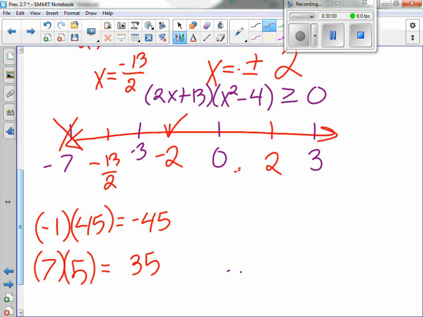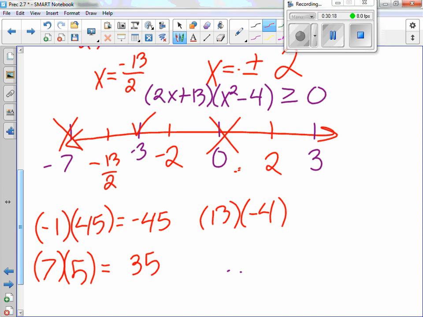This works. That one works. 0 is nice because it would be 13 times negative 4. Okay, that doesn't work. Positive times a negative is going to be a negative. 3, positive.